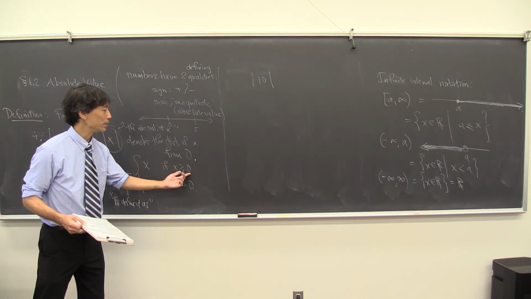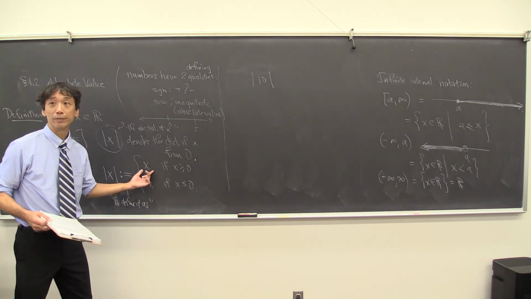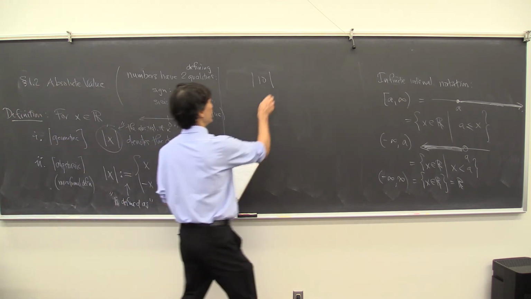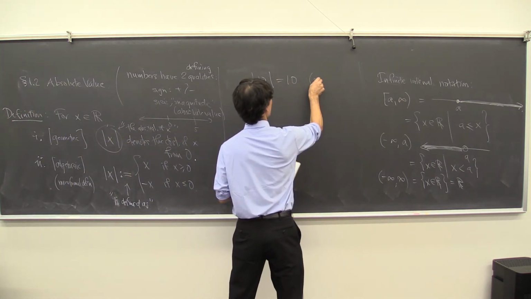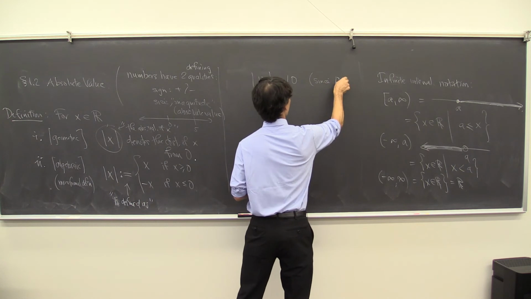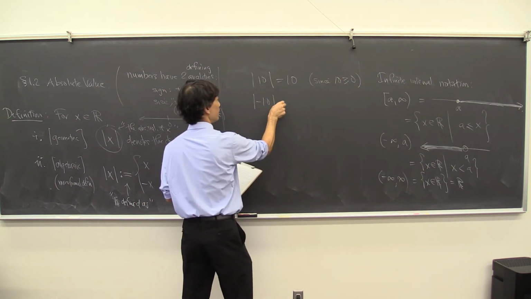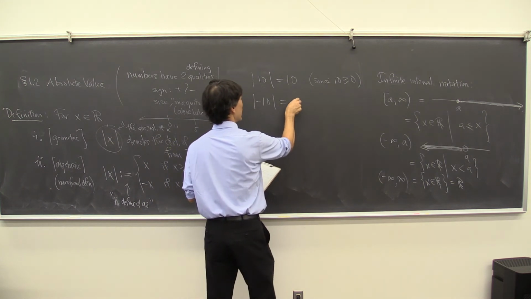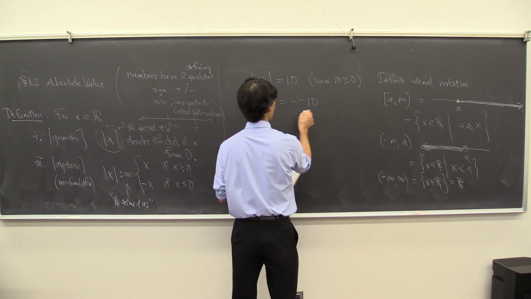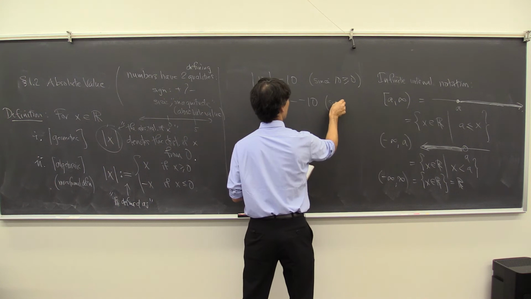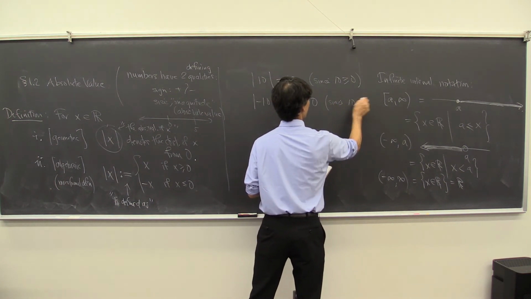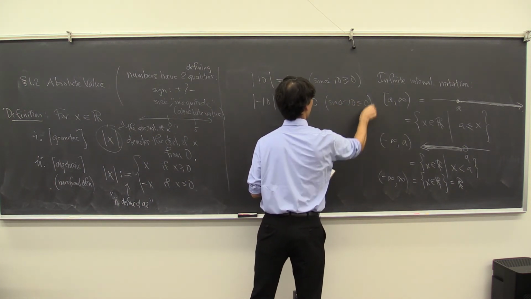If the input is bigger than 0, then it's just the number itself. So this is going to be 10, since 10 is bigger than 0. And if I said, what's the absolute value of negative 10? Well, it's going to be negative negative 10, in other words positive 10, since negative 10 is less than or equal to 0.